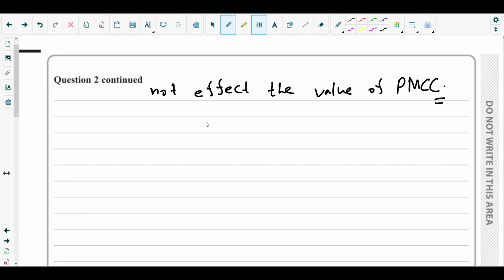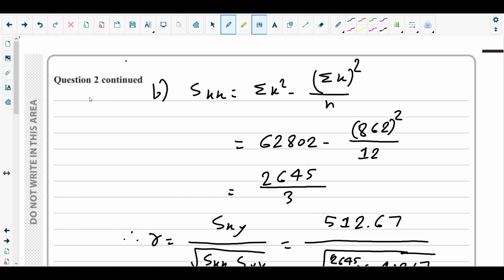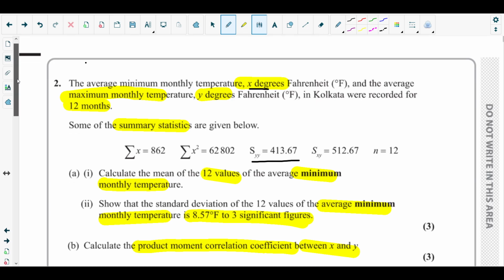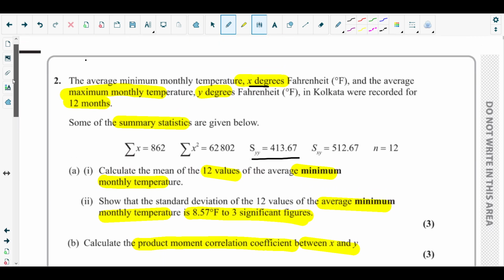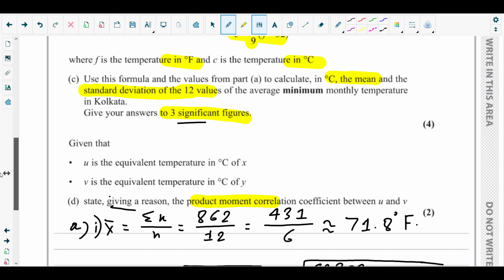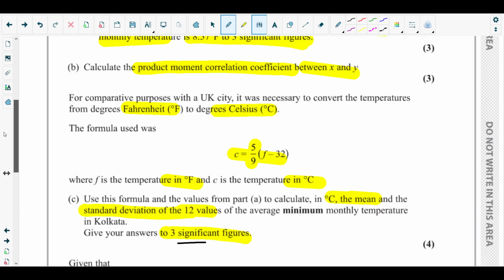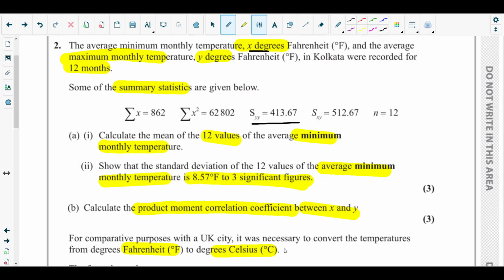That's the reason why the value of the PMCC will remain the same. So this is all about question number 2, and that's the end of question number 2 of the January 2024 Statistics 1 paper. That's it.